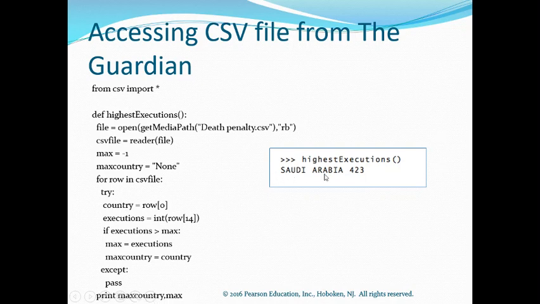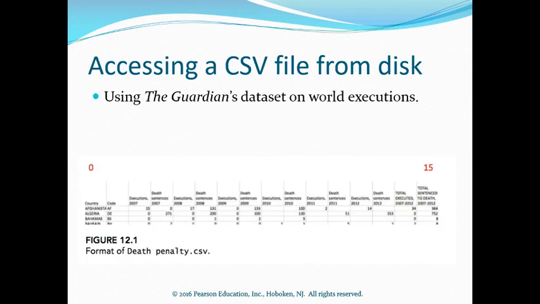So in this case, we see that Saudi Arabia had 423 executions. So again, based on this if statement, if executions is greater than max, max equals executions, max country equals country, right? So for example, we go to Afghanistan.